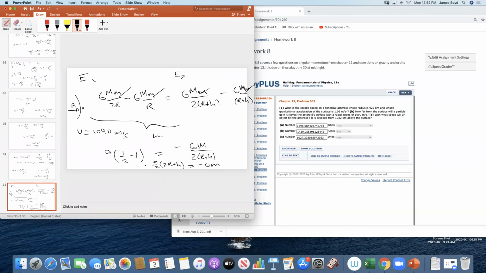Oh, because they're both negative half. So the negative sign can go away, and what I see is that I get 2GM over A is equal to 2R plus H, or 2GM over A minus 2R is equal to H, and because A is GM over R, this becomes 0.